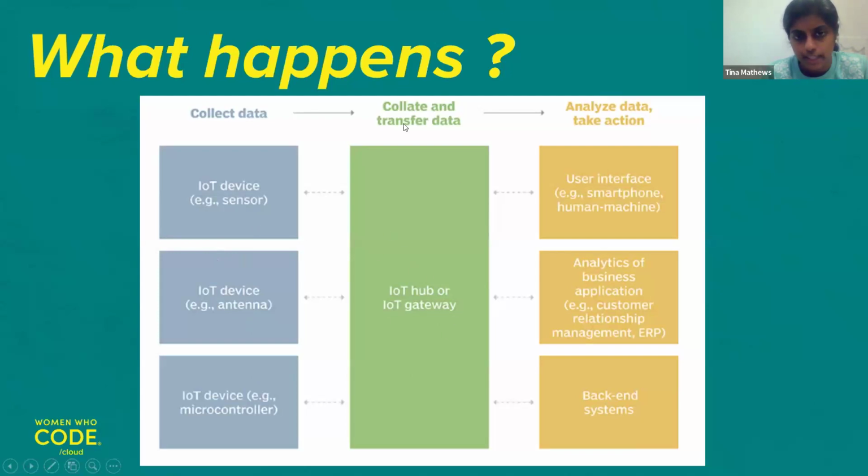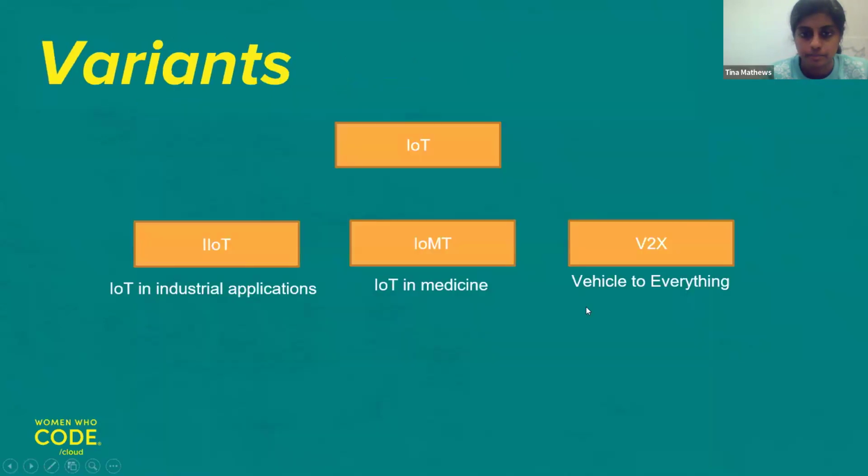We have to collate and transfer this valid data into hubs or gateways, and finally, we need to analyze them and use them to make certain actionable insights. So that is the purpose of it, and of course, the connectivity is how we choose between these places.